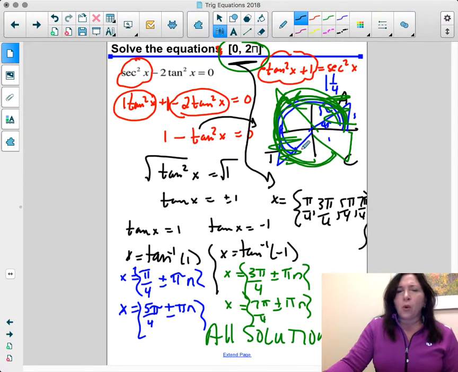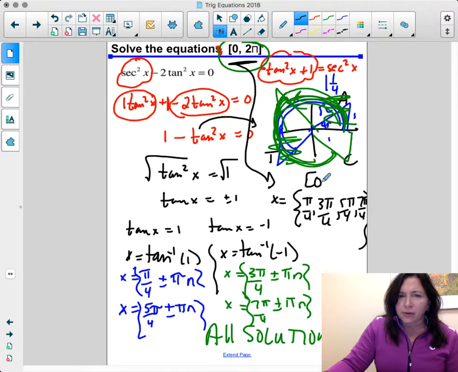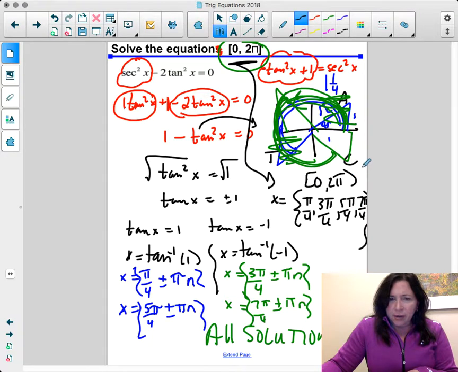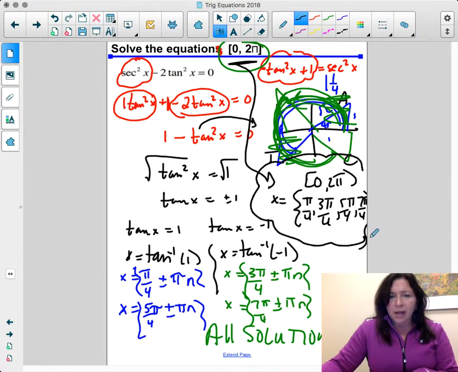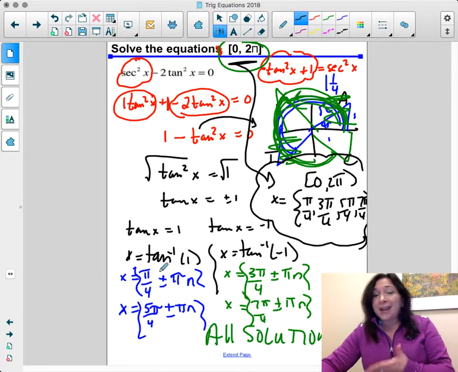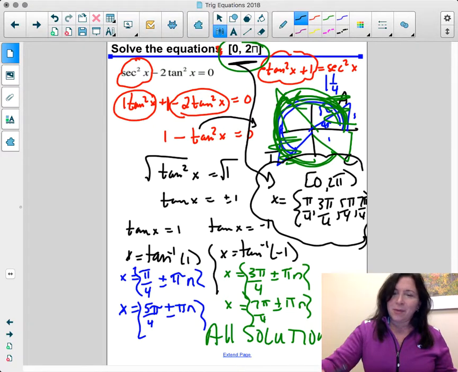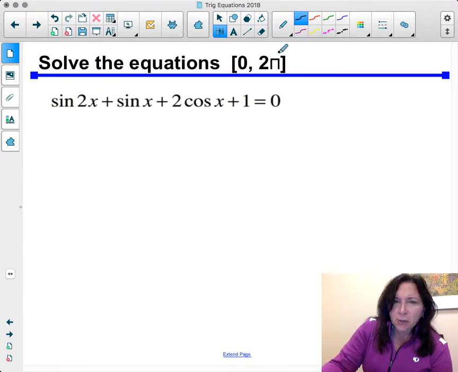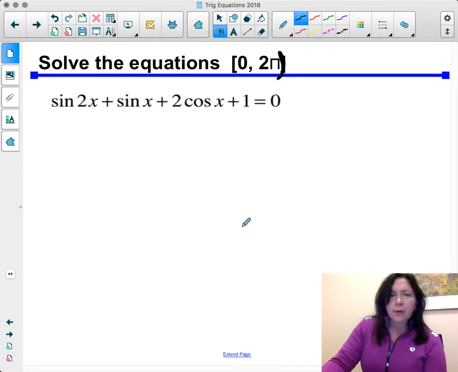Okay, so if I'm only solving from 0 to 2 pi, without counting 2 pi, then these would be my answers right here. But if I'm solving for all solutions, then I would have the plus pi n. And that was the point I was trying to make, but anyway. So the next problem, and these ones right here, this is actually supposed to be a curve like that. Okay.